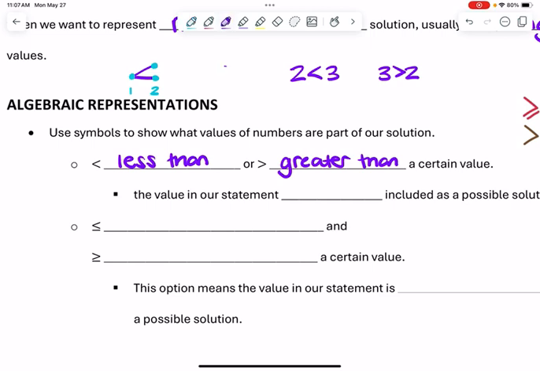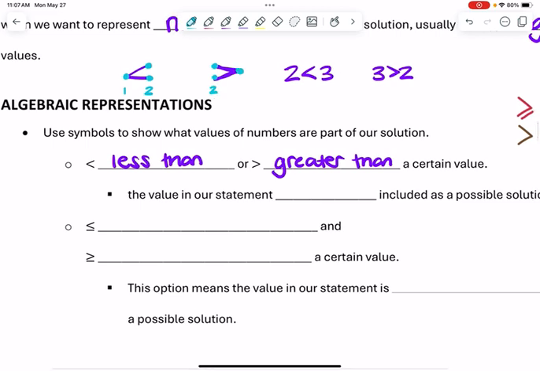Thinking about that in reverse, if I have this symbol, the first side has 2 points and the second side only has 1 point, and I know that 2 is greater than 1, so this symbol is greater than. Just like we read from left to right, we need to make sure we're also interpreting those symbols in that same direction.